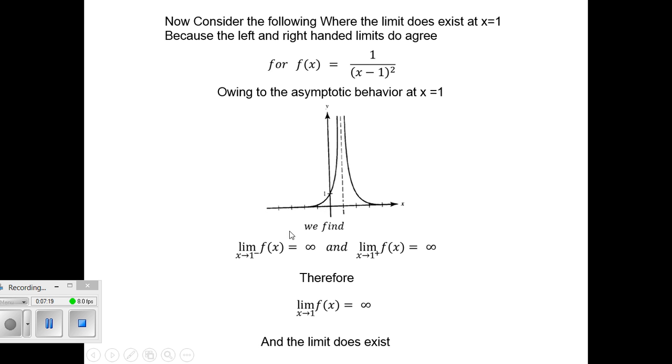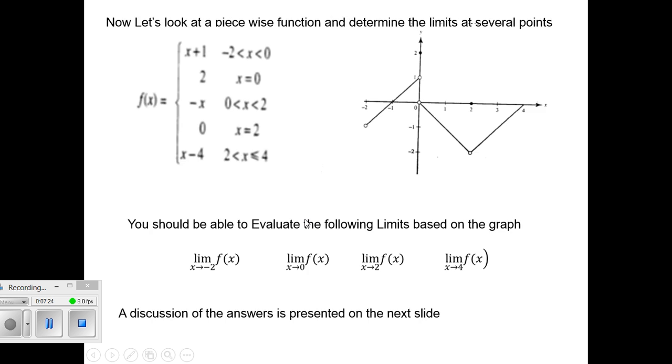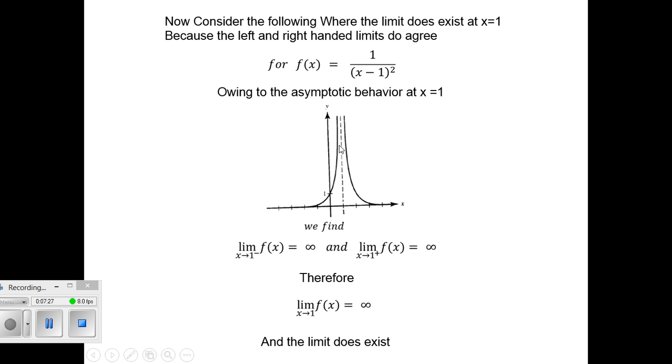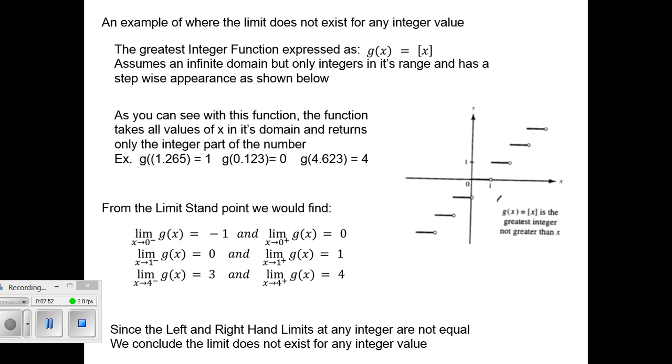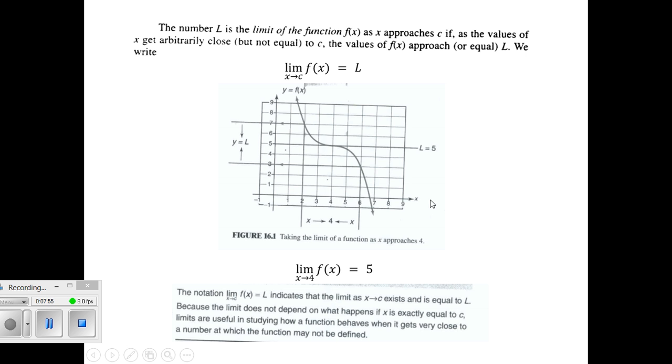Looking at it from a closer inspection, we should agree, simply from the graphical approach, that as we approach 1 from the left side, we move towards positive infinity. As we approach 1 from the right side, we also move to positive infinity. Therefore, we could say that the limit as x approaches 1 is equal to infinity. Now, this might seem to be a disagreement with our earlier statement about limits, which said we had to approach a definitive value.